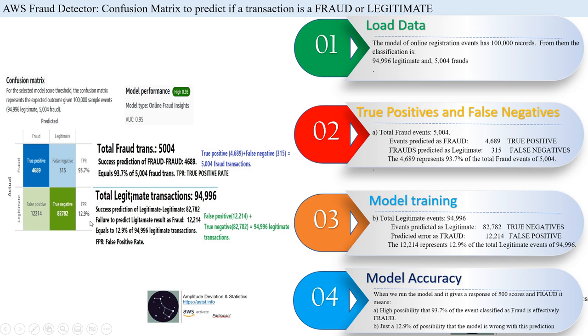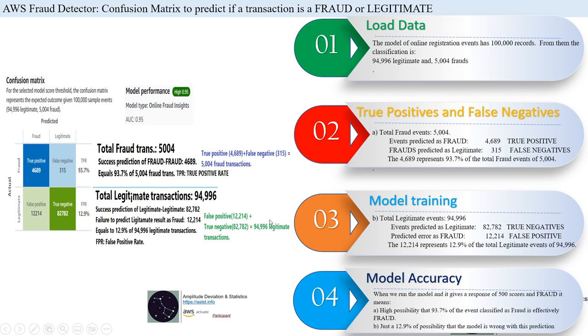So we have this idea of a model that is effectively catching 93.7% of the frauds, against 12.9% of legitimate transactions that the model will classify as fraud. So they are false positives. That's how we qualify the accuracy of this model.